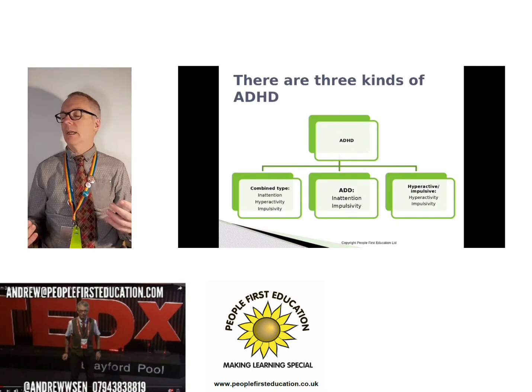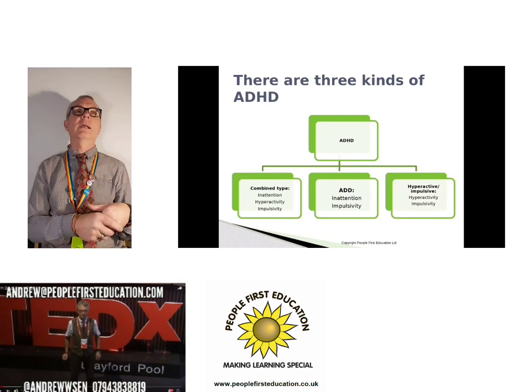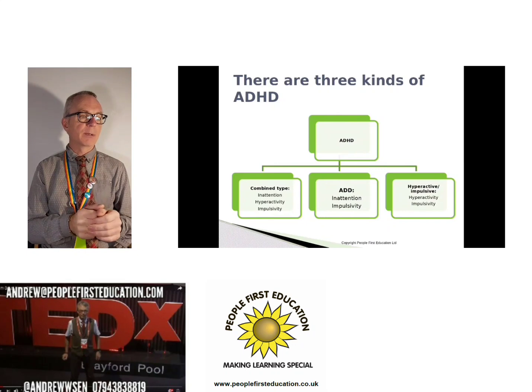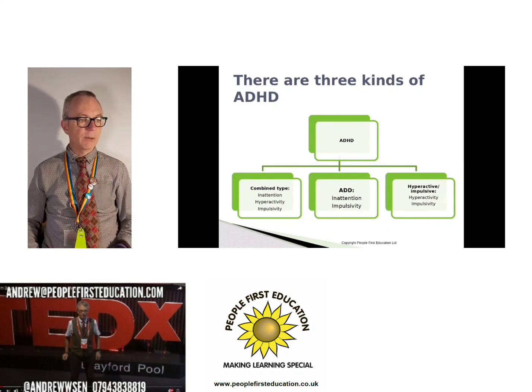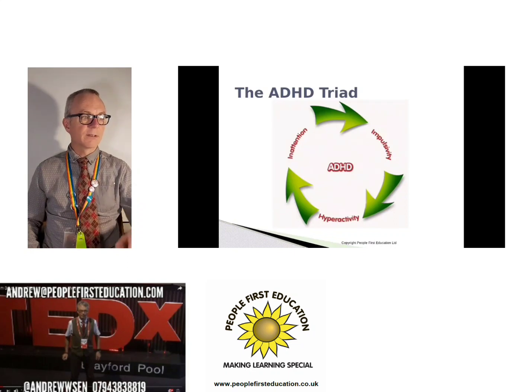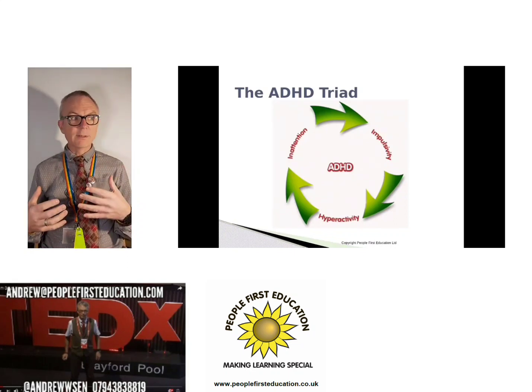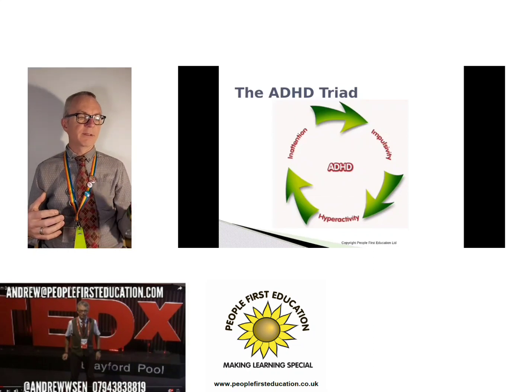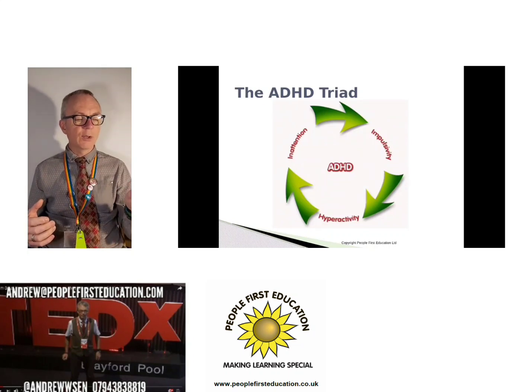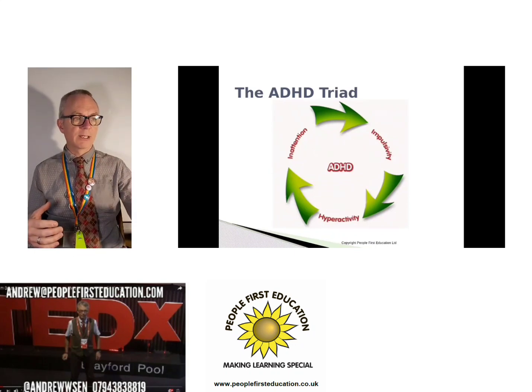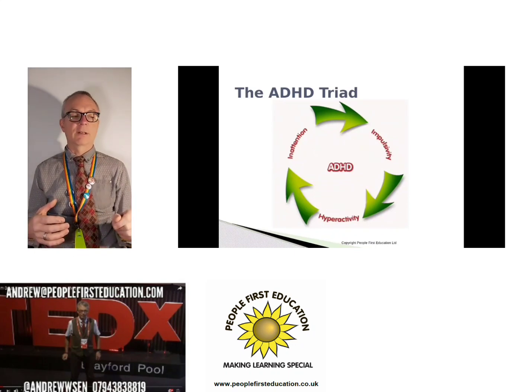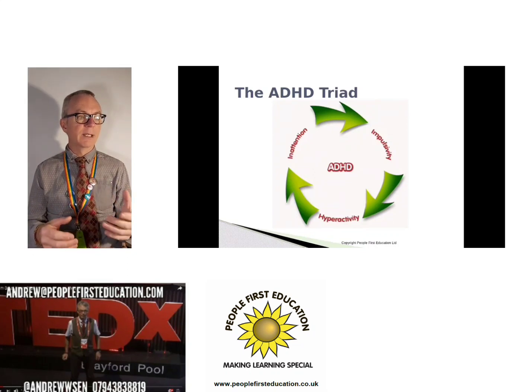A great way to remember this is this circular representation: inattention, impulsivity, hyperactivity. Within that, you can have two or three of those characteristics, but they must include impulsivity. So inattention impulsive, hyperactive impulsive, or inattention, impulsive and hyperactive. So that's the way we do it.